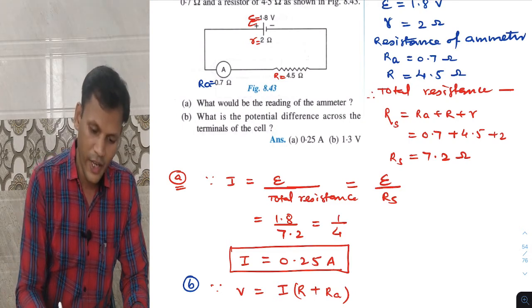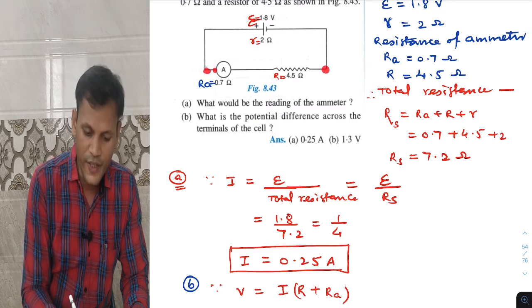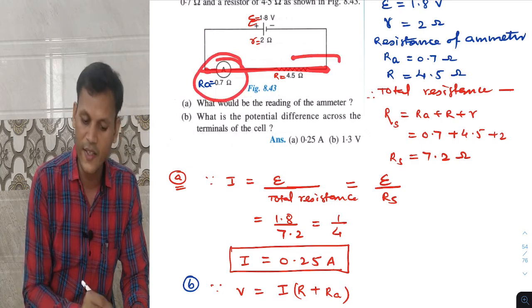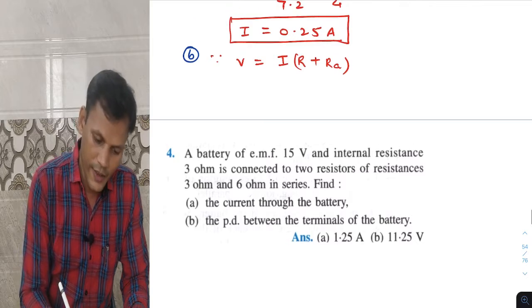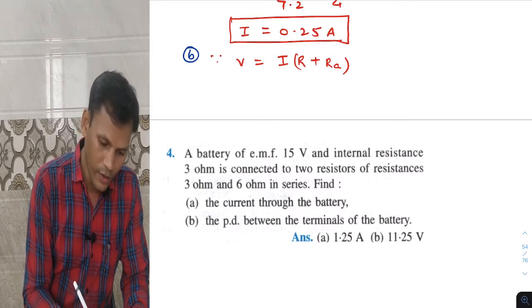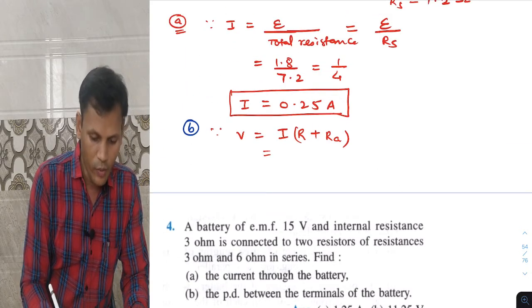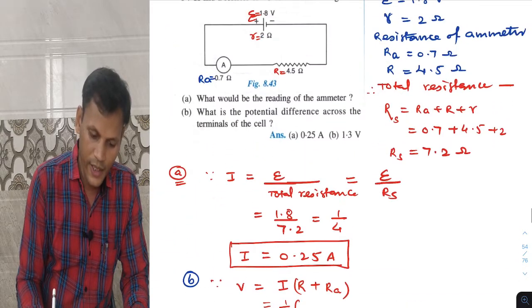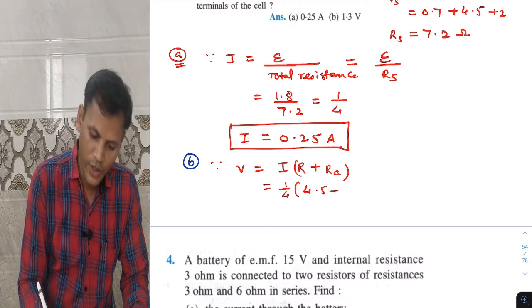So what we have here is the external terminal potential difference we have to find out across this one. So I is 1 by 4. I will not write 0.25, I will write 1 by 4, it will be easy to calculate. 1 by 4 into capital R, which is 4.5 plus 0.7.